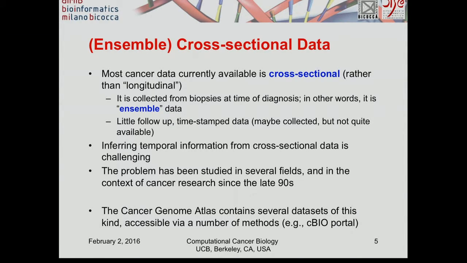These are data that have a list of mutations, a list of alterations associated to each patient. And then you can also do what is called individual level analysis. This is becoming more interesting and more important because of, for example, single cell data or data that is coming from sections of a single tumor. But the bulk of our work has been on cross-sectional data.